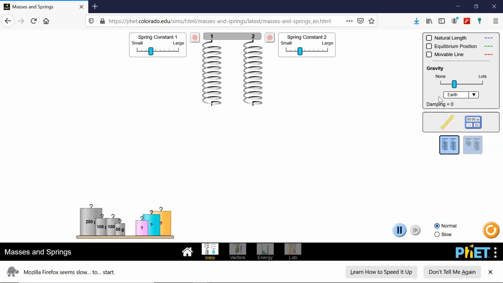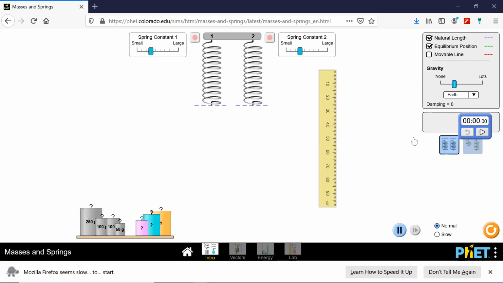So we have to check the box for natural length and equilibrium position. Select the ruler and the stopwatch. Now I have to warn you, even though the tick marks on this ruler seem to be millimeters, they are actually centimeters.